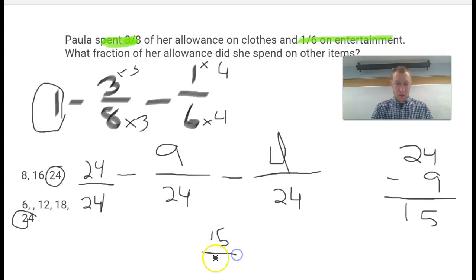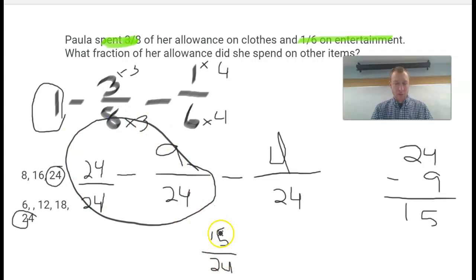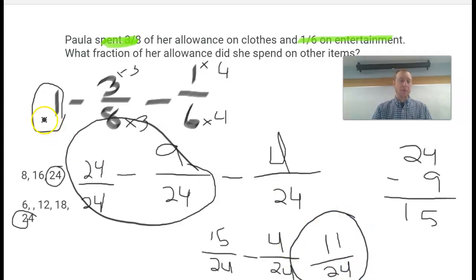That's this part. 24 24ths minus 9 24ths is 15 24ths. And now let's just subtract the other 4 24ths. 15 minus 4 is 11, and the denominator is 24ths. Okay, so I started with my whole, which I turned into 24 24ths to stick with my common denominator, right? And then I just subtracted.